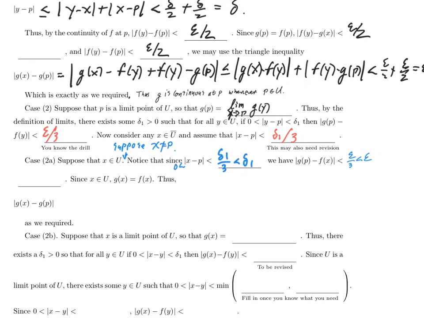Well, almost as we need, right? I want a g of x to be there, but g of x is equal to f of x. Thus, the absolute value of g of x minus f of x is less than epsilon as needed.